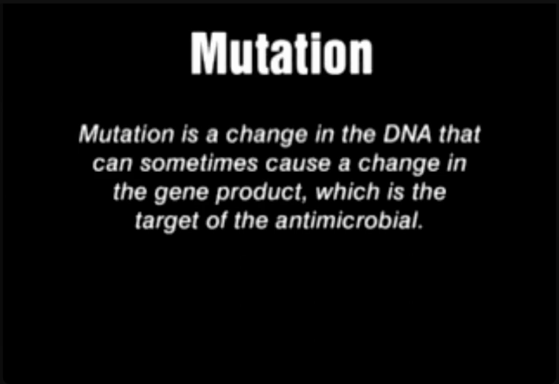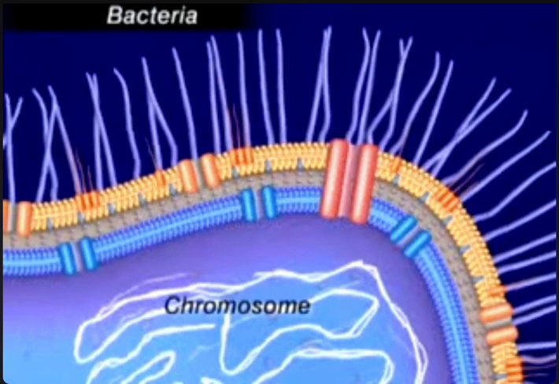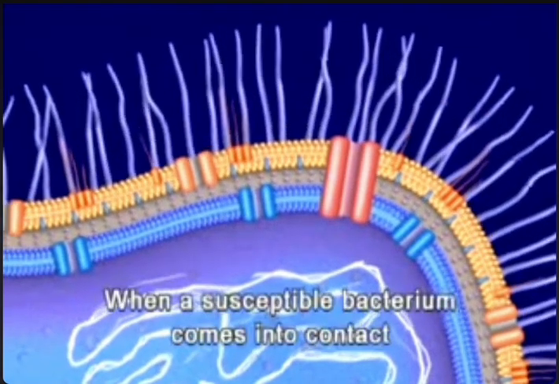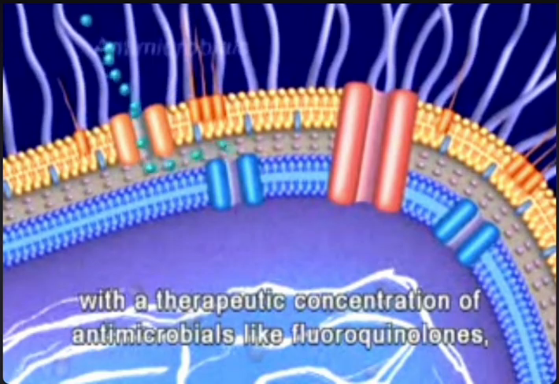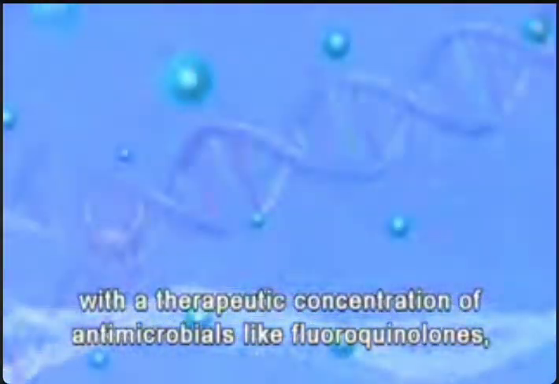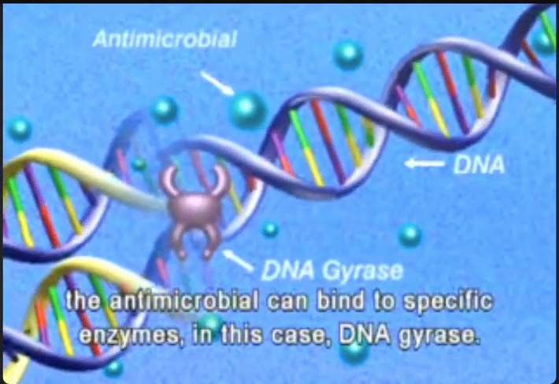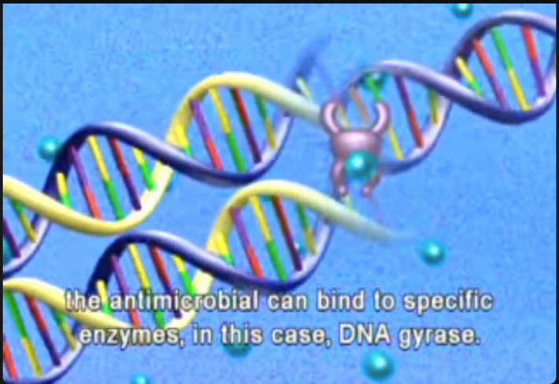Mutation. Mutation is a change in the DNA that can sometimes cause a change in the gene product, which is the target of the antimicrobial. When a susceptible bacterium comes into contact with a therapeutic concentration of antimicrobials like fluoroquinolones, the antimicrobial can bind to specific enzymes, in this case DNA gyrase.